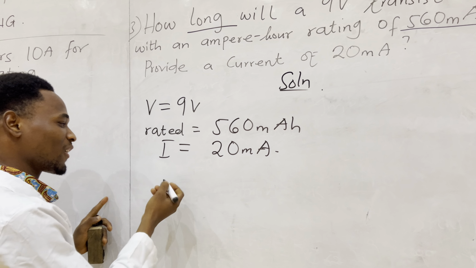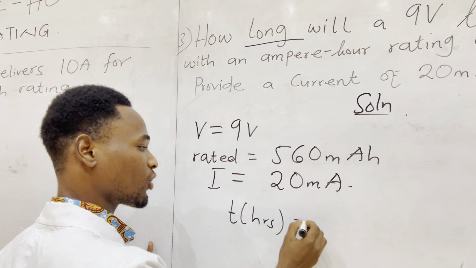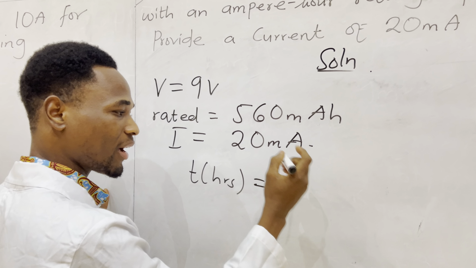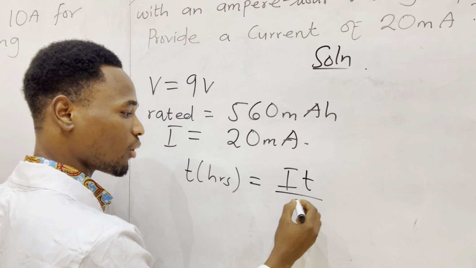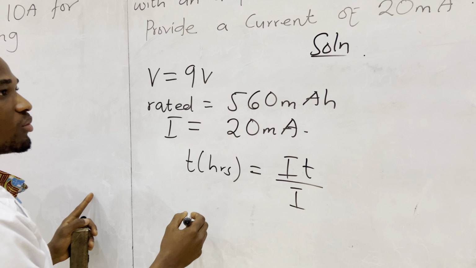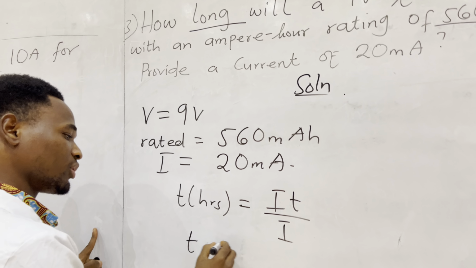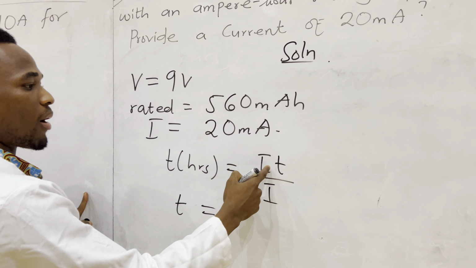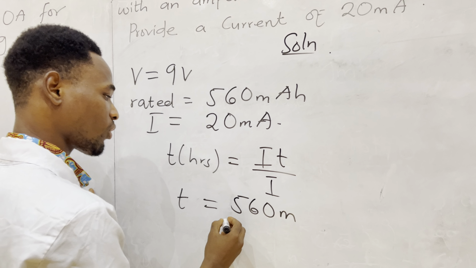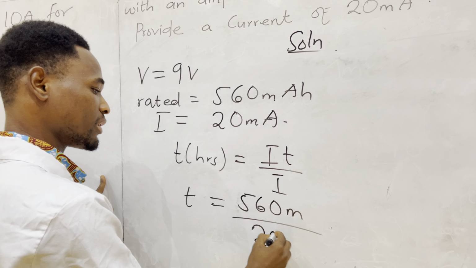Again, we are going to employ the formula. The time measured in hours equals the ampere hour rating over the current drawn. We are looking for the time, so I have my time equal to the ampere hour rating, 560 milli, over the current drawn, my 20 milli.